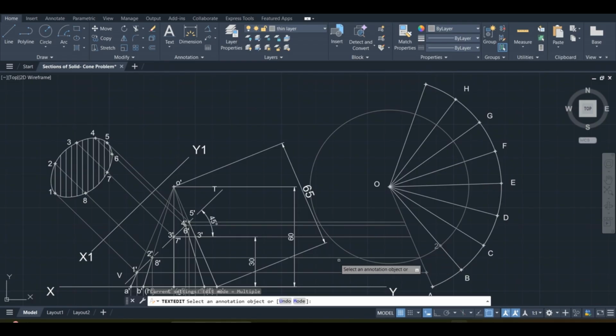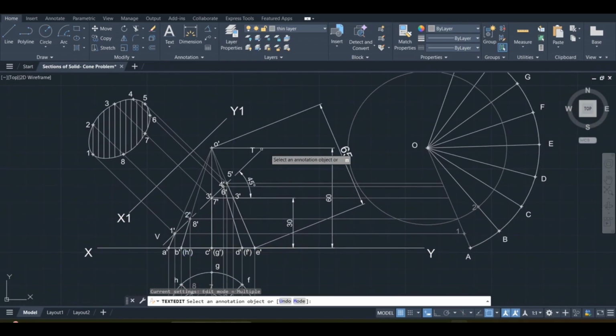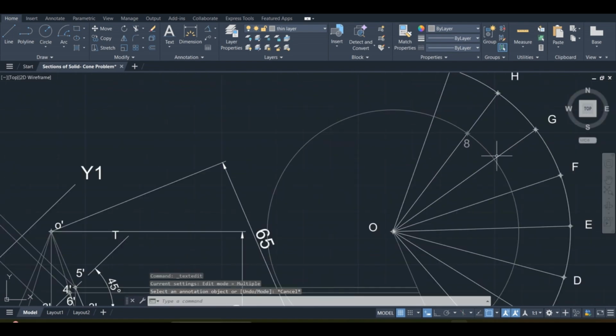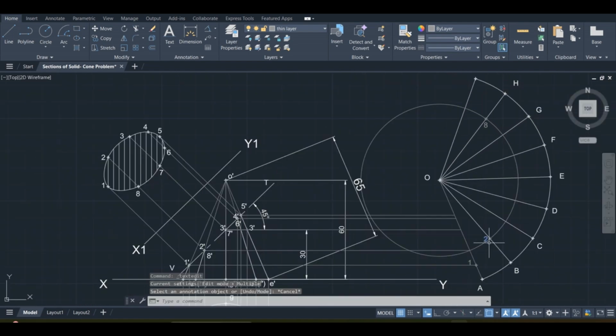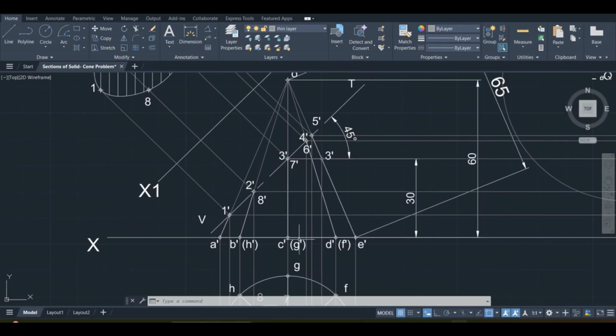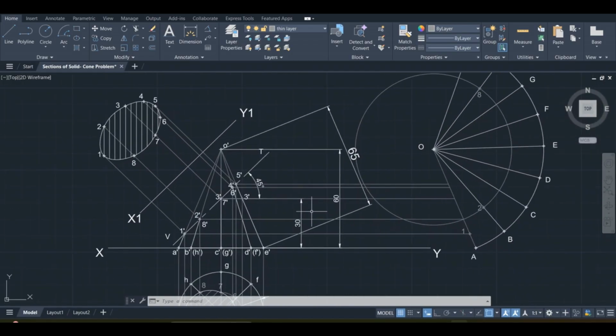Similarly, the same line is also coming from point 8. Point 8 is on HO generator. So here I'm keeping the point. The point name is 8. Escape. Now on CO generator we have point 3, and on GO generator point 7. Both are transferred using single line here.